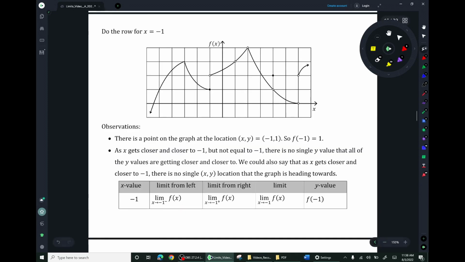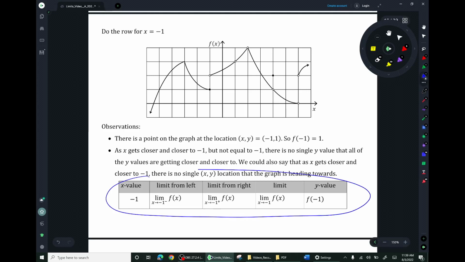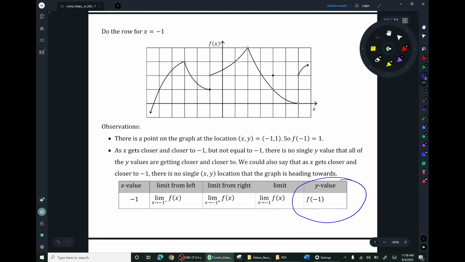Let's go on. Now let's do the row of the table for x equals -1. That is this row of the table. We'll focus on these two cells. So to find the y value, we need to first locate the grid line where x equals -1 and then find where that grid line touches a point. Here's the grid line for x equals -1.